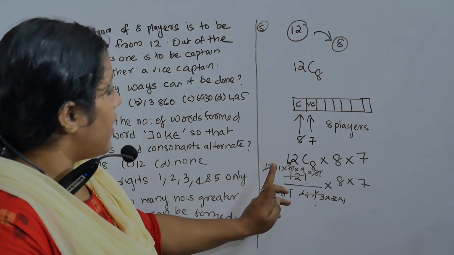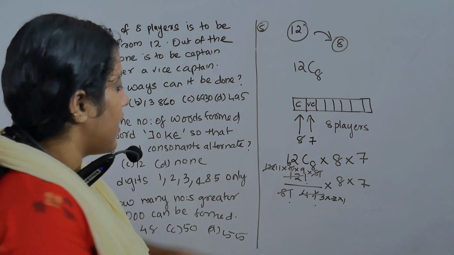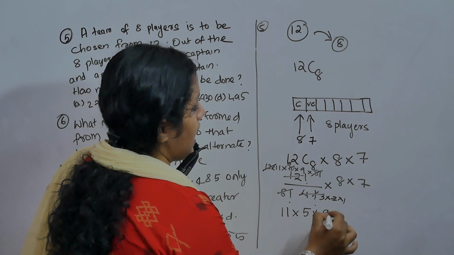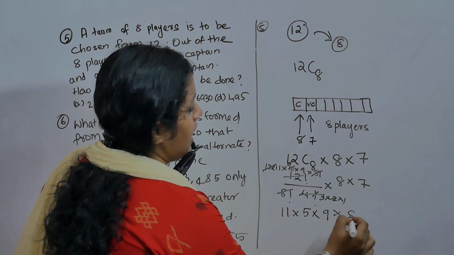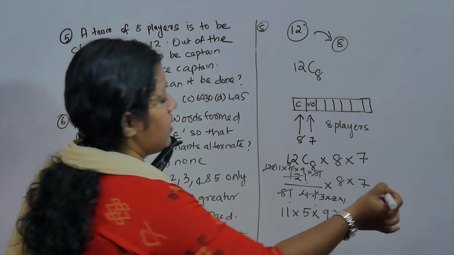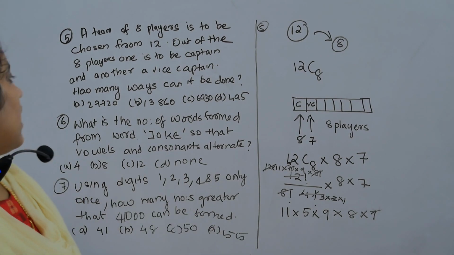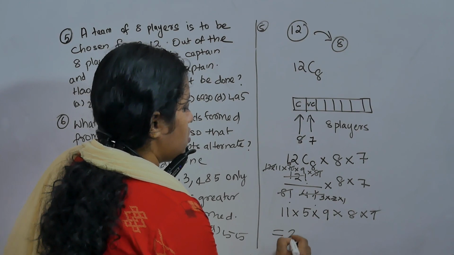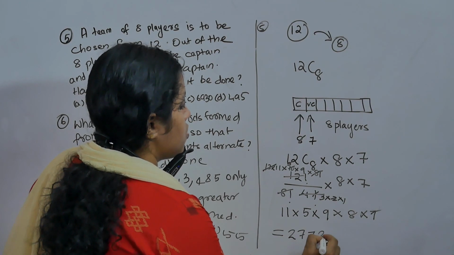So we'll have 11 into 5 into 9 into 8 into 7. So just multiply, you'll be getting 27720.